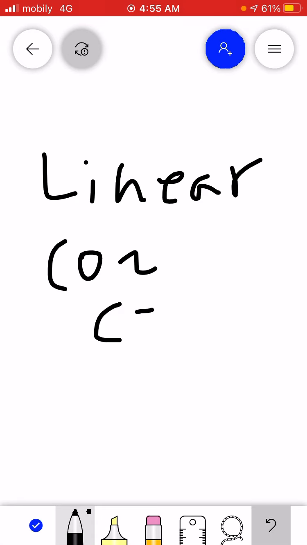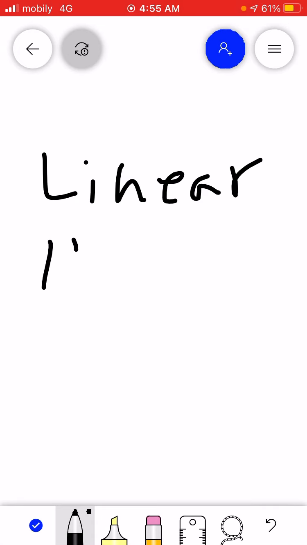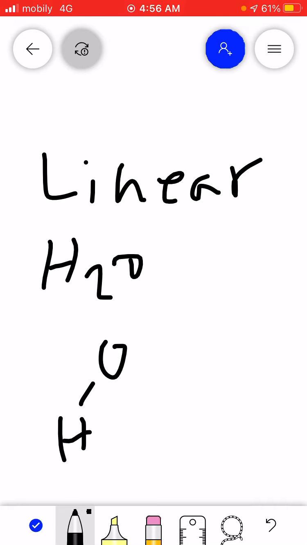Why is H2O not linear? If we draw H2O, we put an oxygen around here, and then hydrogen, 1, 2.